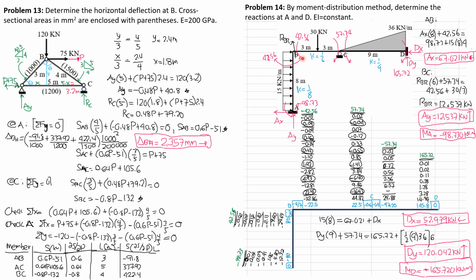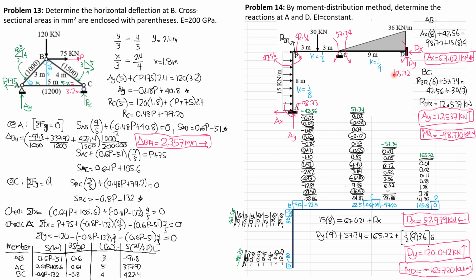Then considering AB, summation moment B equals 0, AX times 8, that's the equation there, then plus 42.56 is equal to 98.73 plus moment of the load 15 times 8 times 4. So from there, we can solve AX 67.021 positive. So it is correct leftward.